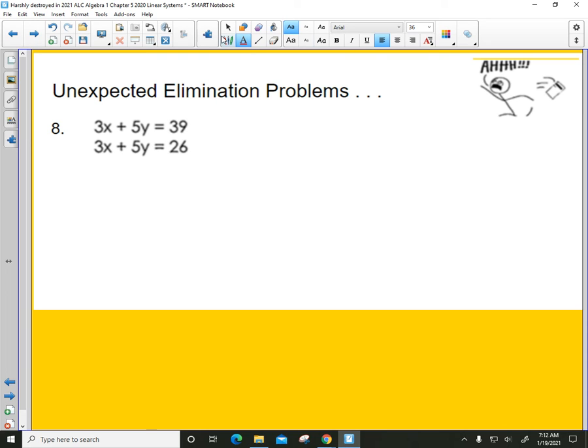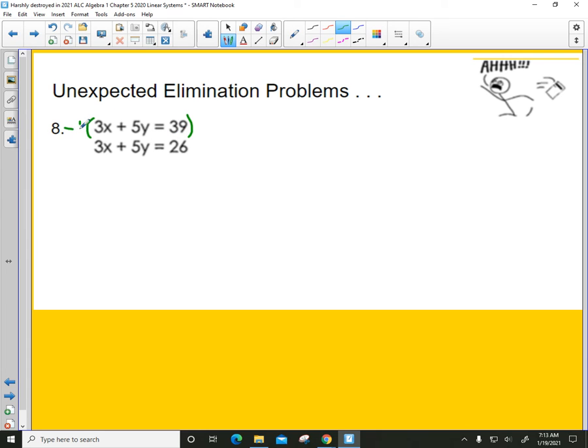Okay, there's a second scenario we're going to look at, one more here, and this one is going to be 3x plus 5y equals 39, 3x plus 5y equals 26. And just in the spirit of continuity, let's again get rid of the x's. And it doesn't matter which one we multiply, but they're really close to done except they're both positive. So what do we need to multiply this top one by to make it negative?